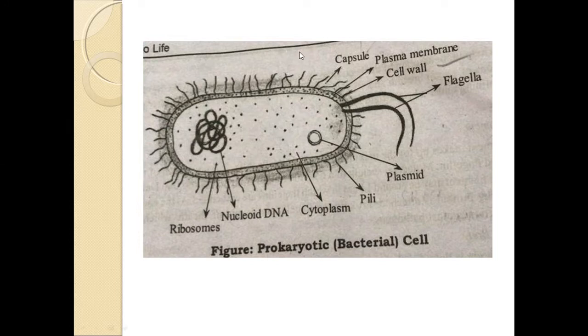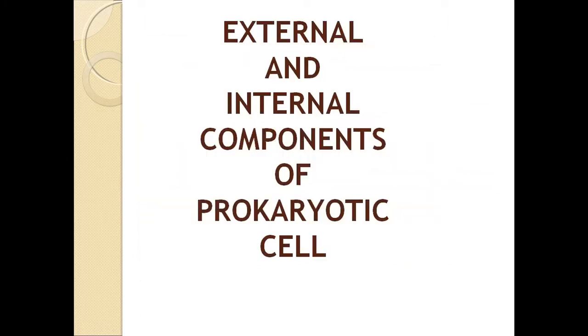This capsule is an external structure of the prokaryotic cell. Coming to the external and internal components of the prokaryotic cell, the external components will be the capsule, slime layer, pili, fimbriae, and flagella, which are the important external structures.